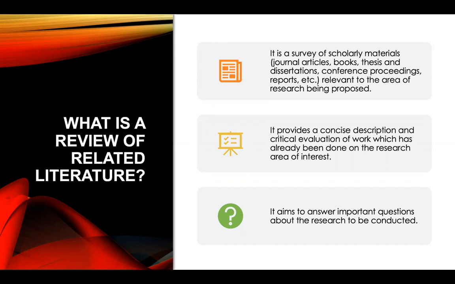It provides a concise description and critical evaluation of work which has already been done on the research area of interest. And it aims to answer important questions about the research to be conducted.